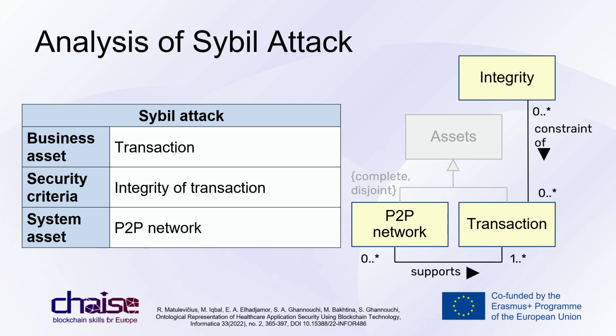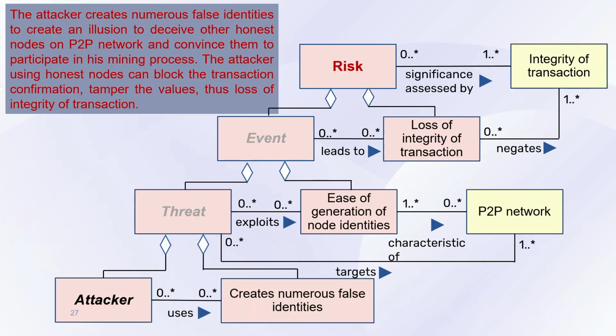The attacker targets the peer-to-peer network and negates the integrity of transaction business assets. So our business asset here is the transaction, and the security criterion we defined is integrity. If the Sybil attack happens, then the integrity of the transaction is going to be violated, and our system asset here is the peer-to-peer network.